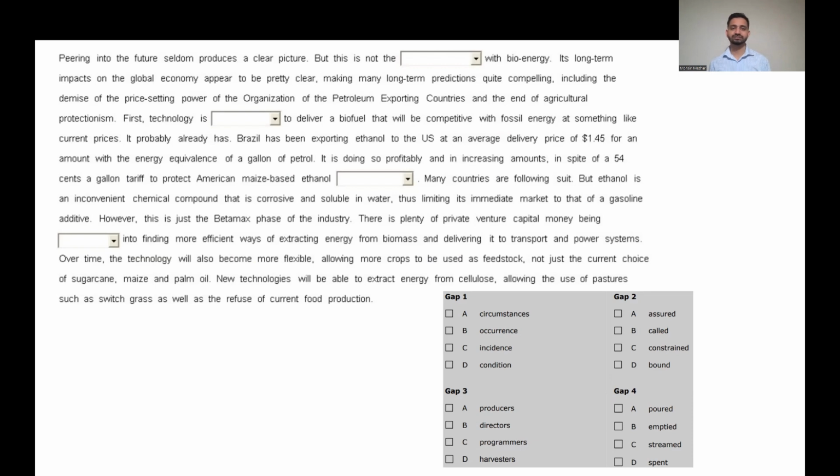First, technology is set to deliver, I was going to say, but let's see: assured to deliver, bound to deliver. So we know this, if you read a lot of articles, you see this is bound to do something. So first, technology is bound to deliver a biofuel that will be competitive with fossil energy at something like current prices.